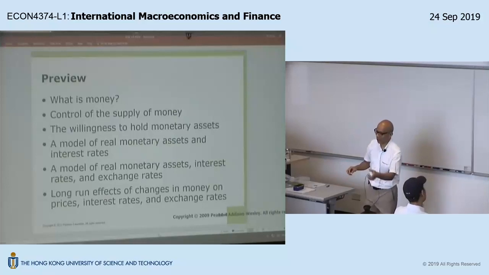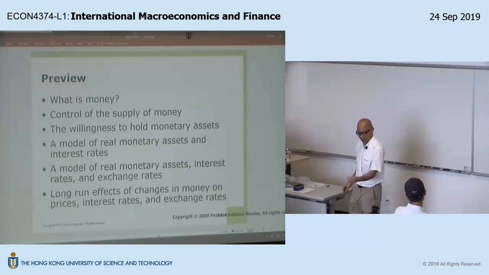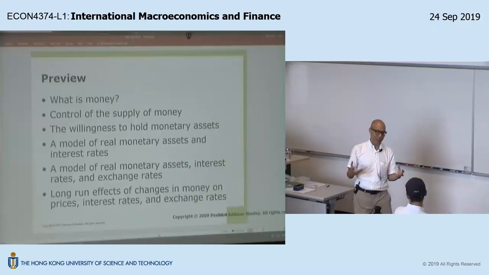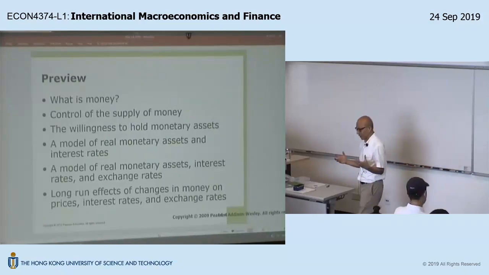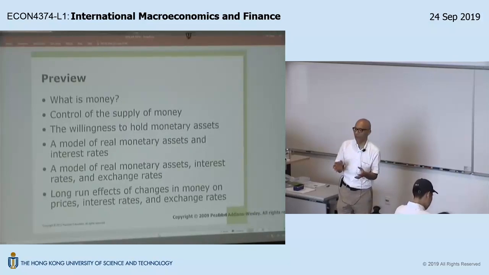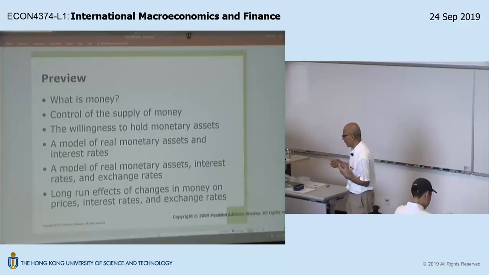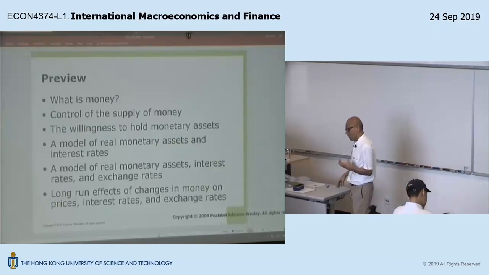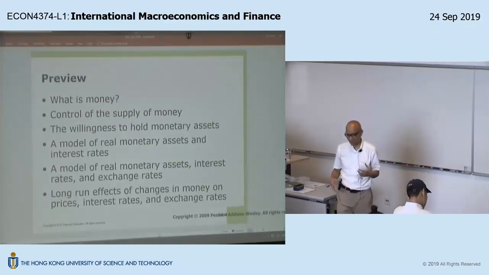Medium of exchange is much related to the liquidity concept, right? Store of value means that it's an asset. So we already said that money is an asset, obviously, right? You can store it for later use. Any asset is a store of value.